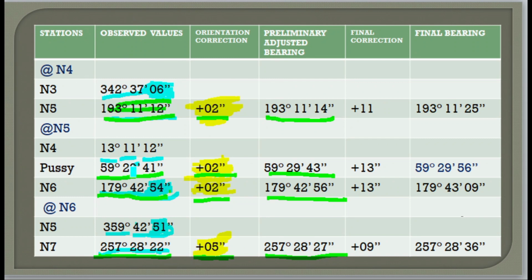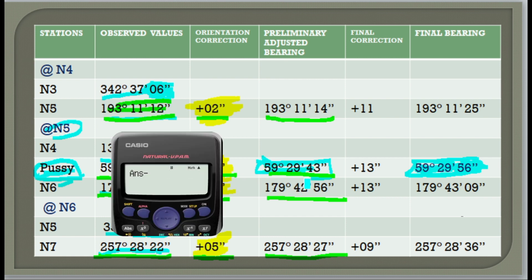So we come again from N5 to pussy, we have gotten our final bearing as 59 29 56 seconds. We had calculated earlier the preliminary adjusted bearing as 59 29 43 seconds.